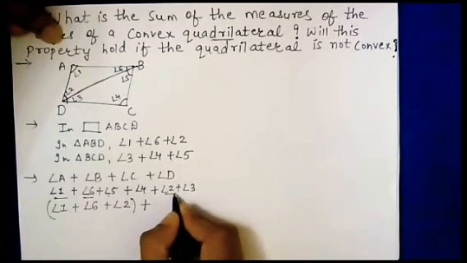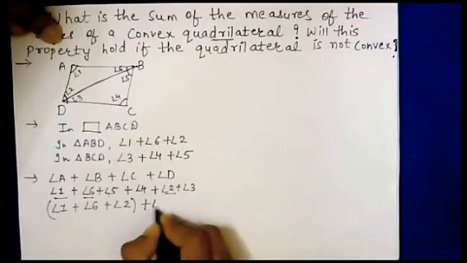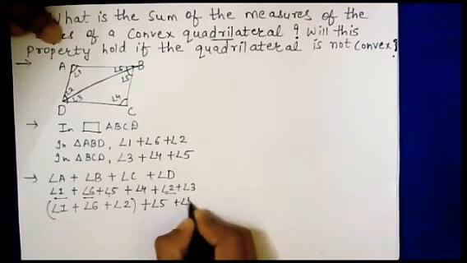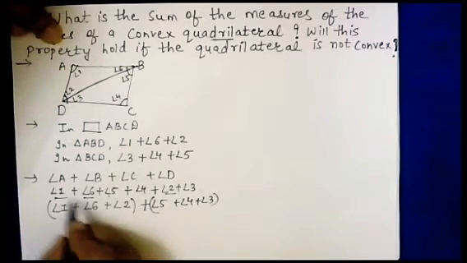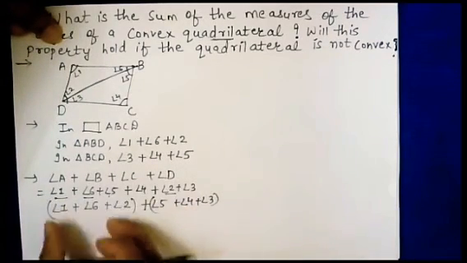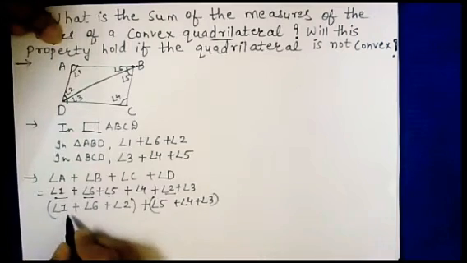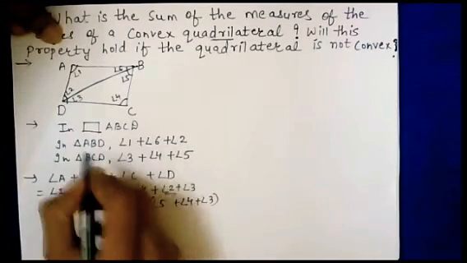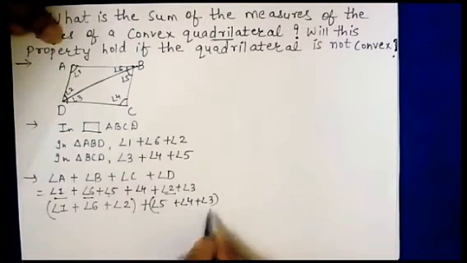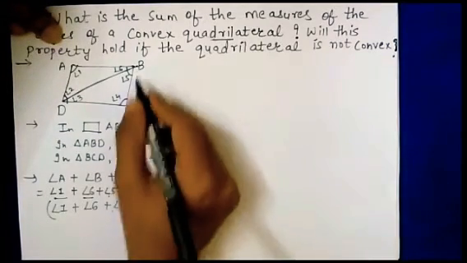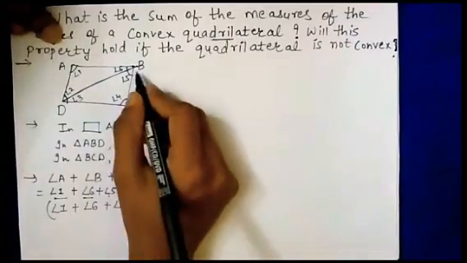Angle 5, angle 4 and angle 3. These three angles, 1, 6 and 2, are of triangle ABD, and angle 5, angle 4 and angle 3 are of triangle BCD.